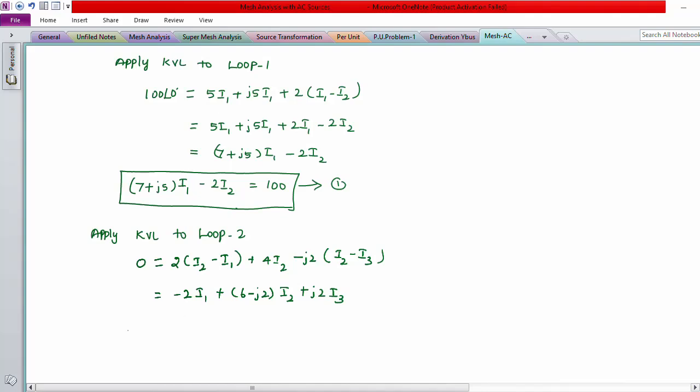Now we can rewrite this as minus 2I1 plus (6 minus J2) I2 plus J2 I3 equal to 0. Take this as equation number 2.